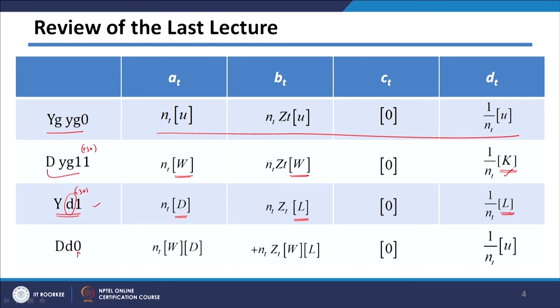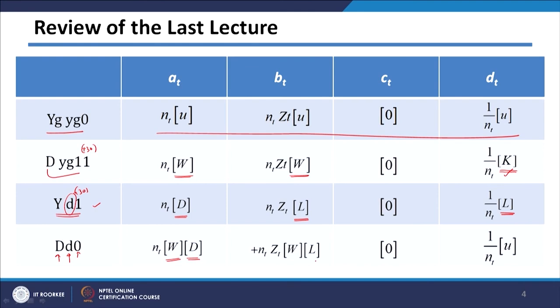Similarly, here we need L matrix, and in case of delta delta transformer, we need 2 conversions, means first line to neutral voltages will be converted into line to line voltages, and then line to line voltages will be converted into again line to neutral voltages. So, here we will get both the matrices, W and D, because conversion is happening twice.